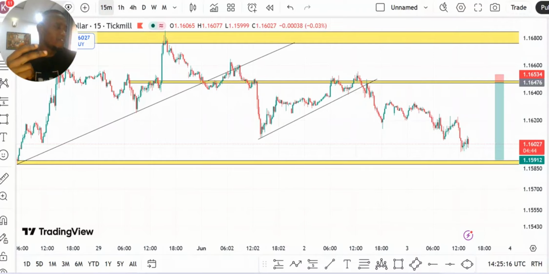I remember we have two types of trend line. We have higher time frame trend line, while we have lower time frame.